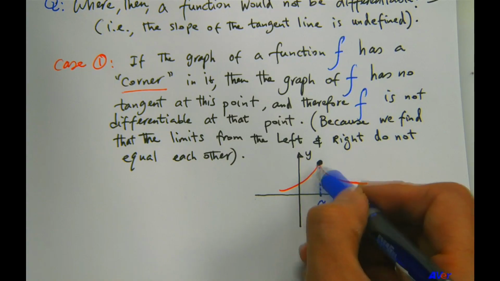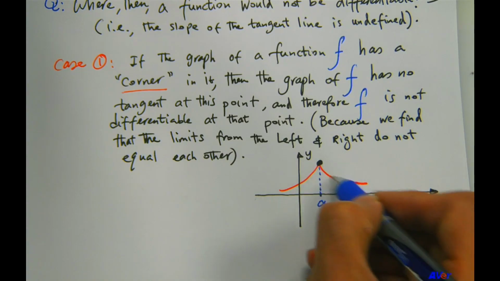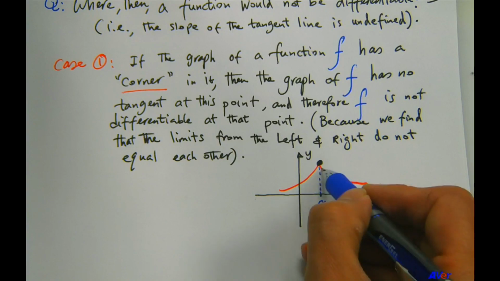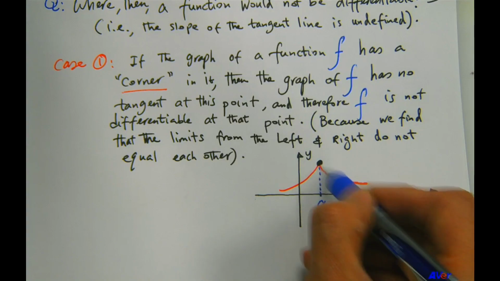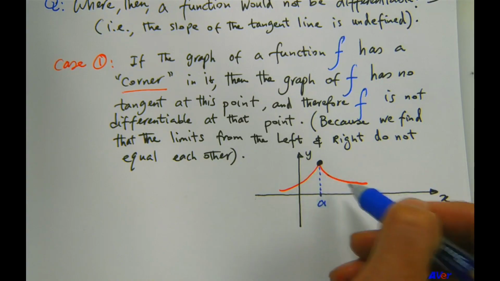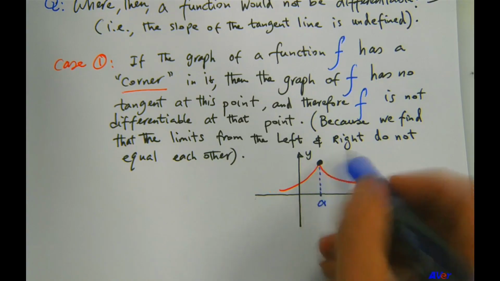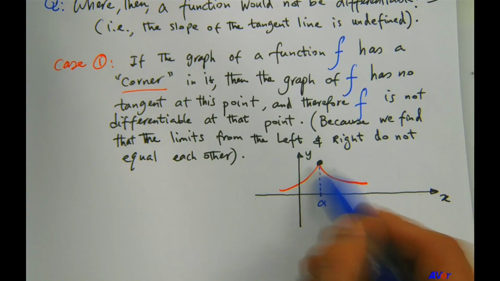But if we approach a from the right, the slope is going to be negative, because the curve is sloping downhill from left to right after point a. The limits from both sides do not agree.